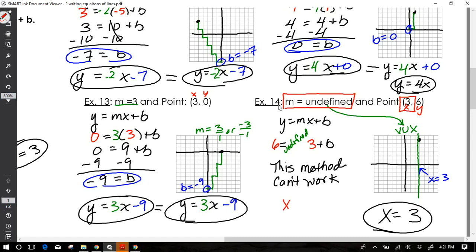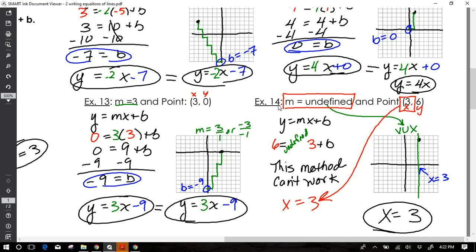So my equation will be x equals 3. And that's where I get the information from, out of the ordered pair. All right. If this slope was 0, then I would look at the y value and say y equals 6. And that would be how I write that equation. So when the slopes are 0 or undefined, it's a little different. But we did great work.